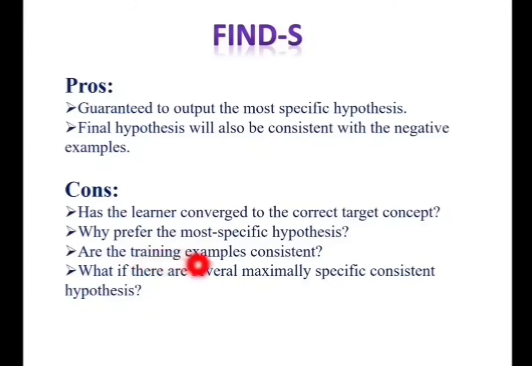The next con is if there are many consistent hypotheses, it is not clear whether to use a most specific hypothesis or some other hypothesis of intermediate generality.